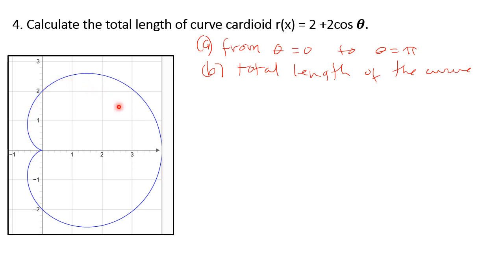First, we take theta from 0 up to 2 pi, and multiply that by 2, which represents the total curve. So, solution.